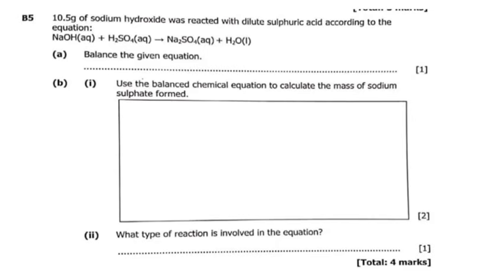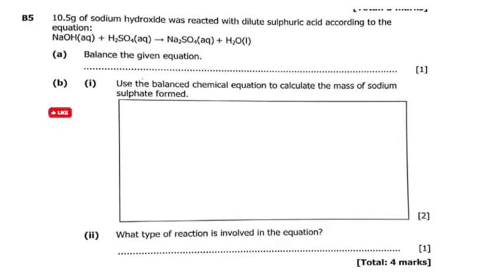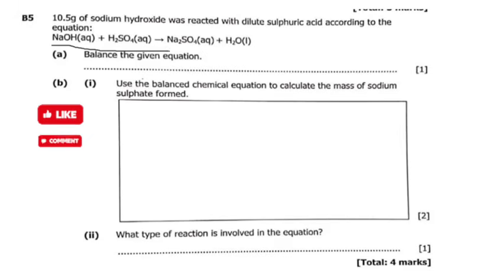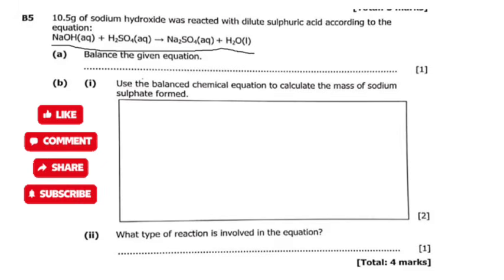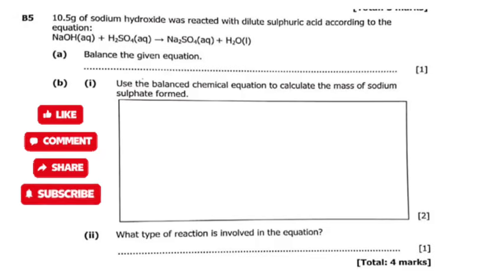All right, so 10.5 grams of sodium hydroxide was reacted with dilute sulfuric acid according to the equation. So this is the equation that they have given us. When you look at this equation, this is a reaction. What reaction is this?